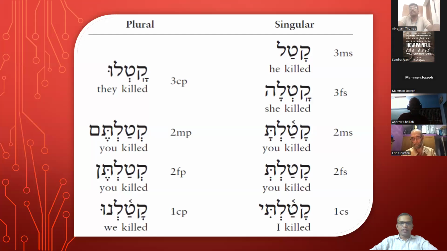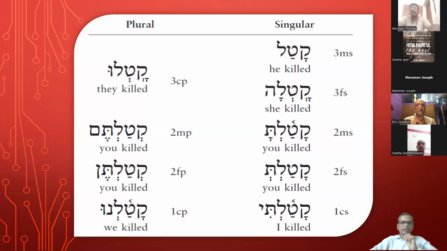So that's how the vowel changes are taking place with regard to the suffixes which are beginning with vowels. Any doubt in this? How Katal becomes Katela and Katelu?